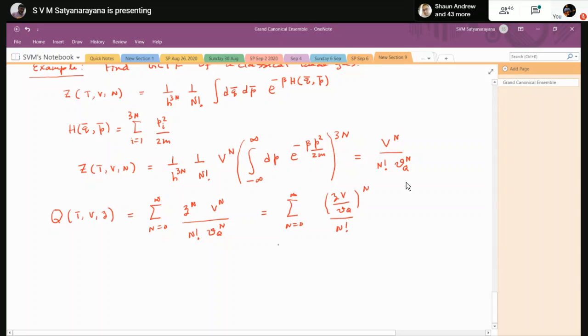This is some x to the power N by N factorial from N equal to 0 to infinity, which is essentially the exponential of zV by VQ. So you can see it is so simple.